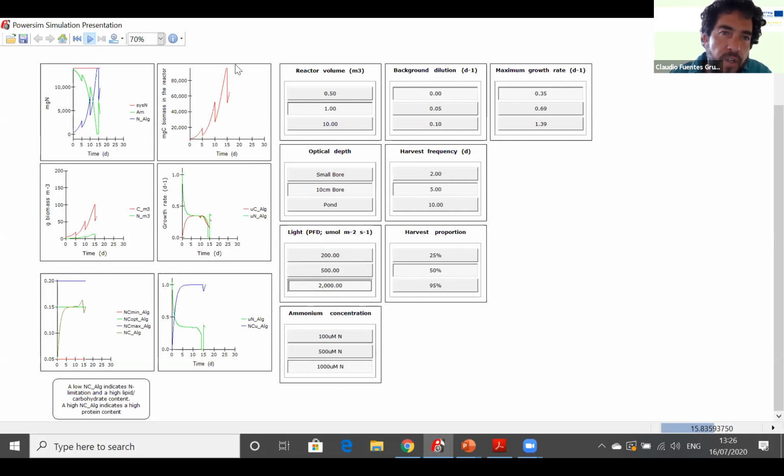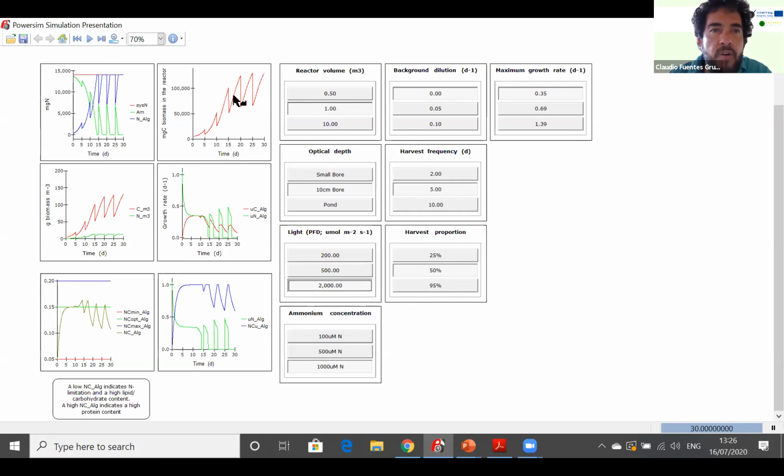You will see how it's increasing and increasing. We now have an average of 80 to 100 grams of biomass in terms of carbon. We have a bit lower amount of nitrogen inside the cell, so the protein content in this one shouldn't be so high. So this is the way that you can play.